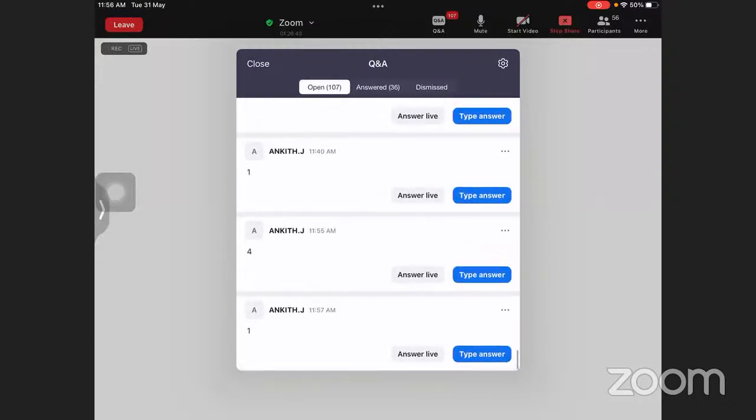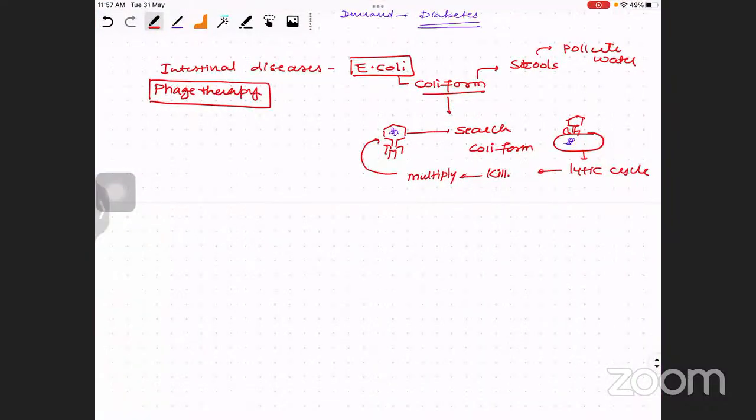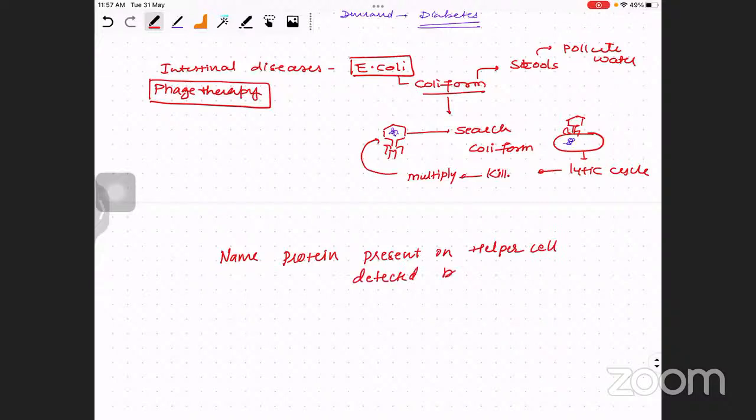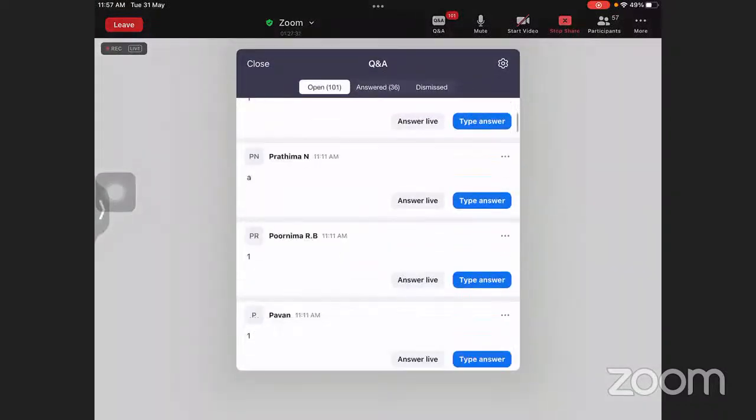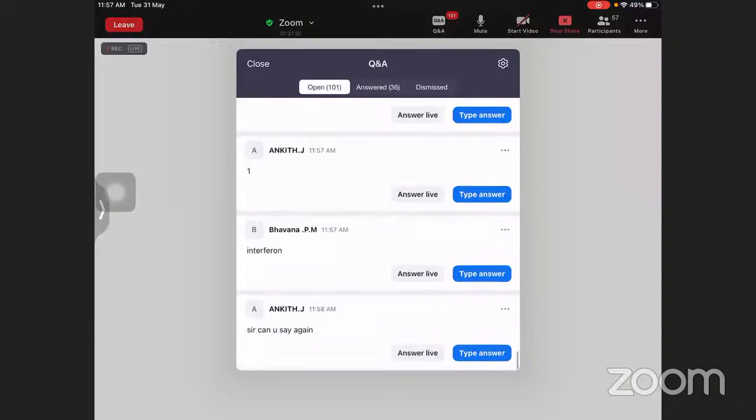Student, you can type. It is called CD. Question is, name the protein present on helper cell that is detected by HIV. That is called the CD4 receptor.